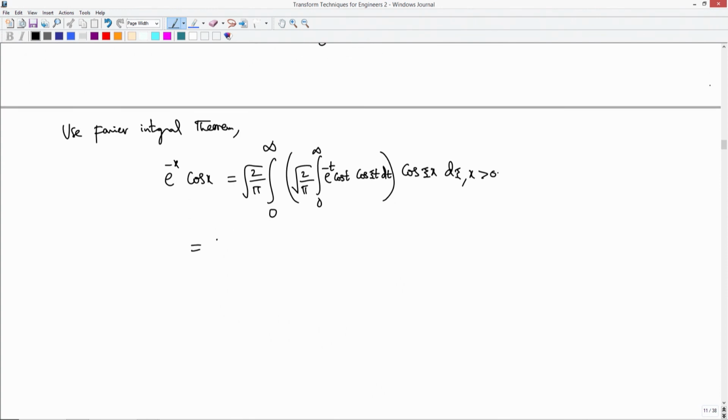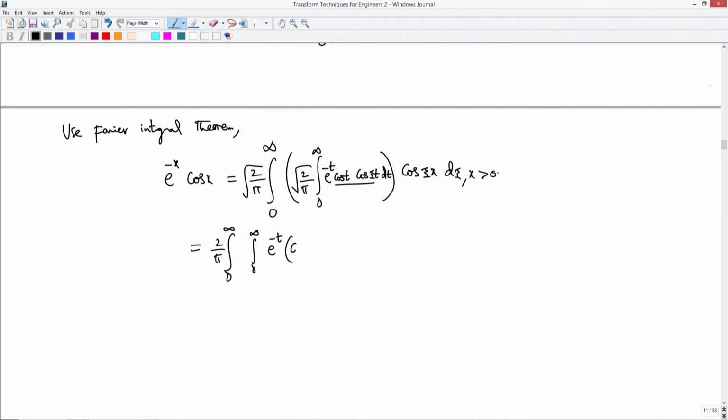So, this is 2 by pi integral 0 to infinity. Now, if you look at this integral 0 to infinity e power minus t cos t into cos xi t, you can write it as cos of sum plus cos of difference.